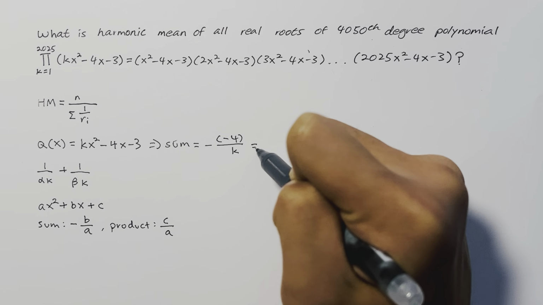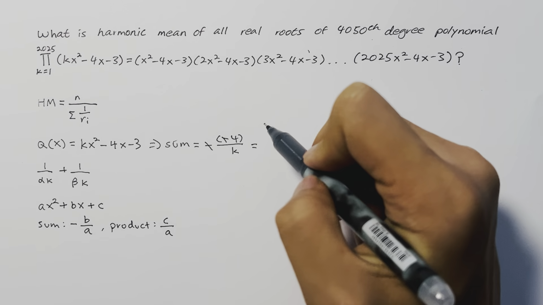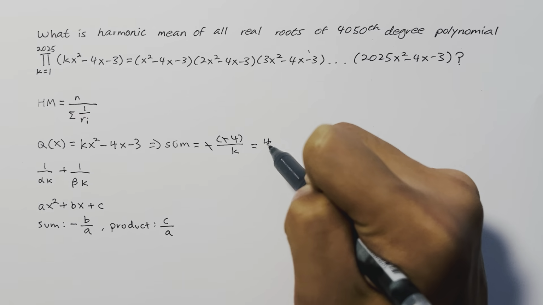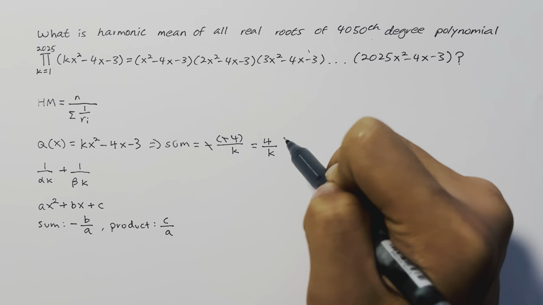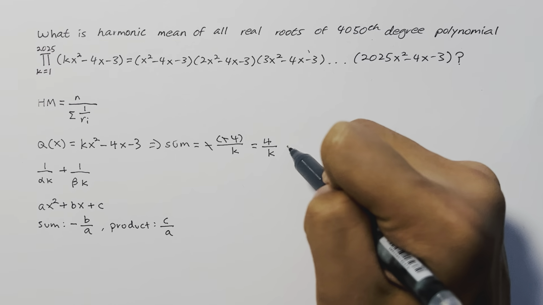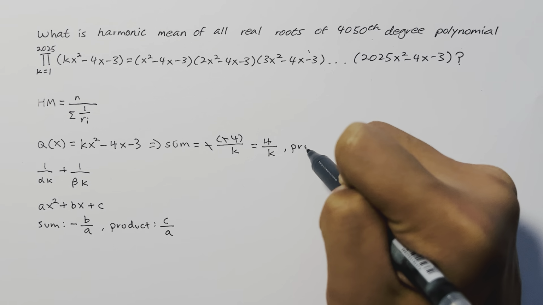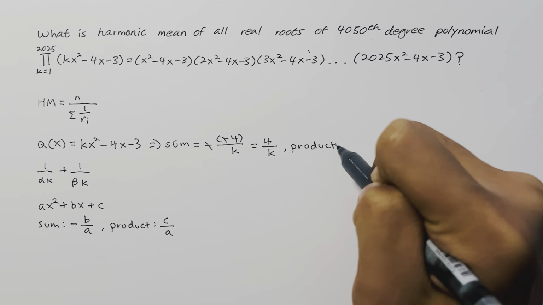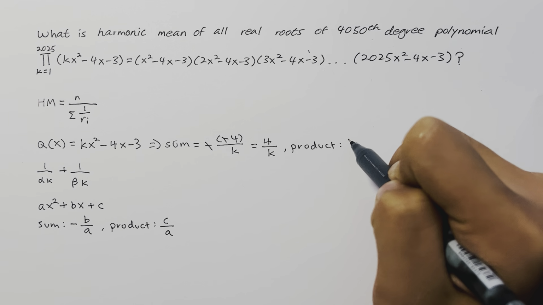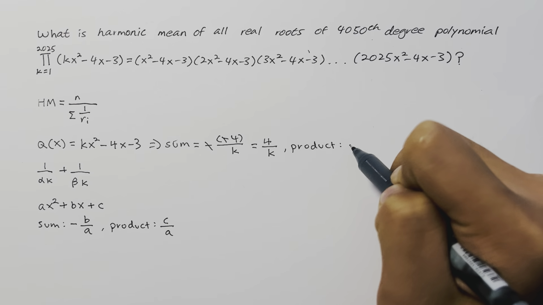The negative signs cancel out, leaving us with 4 over k. And then the product of the roots would be c over a, which in this case is negative 3 over k.